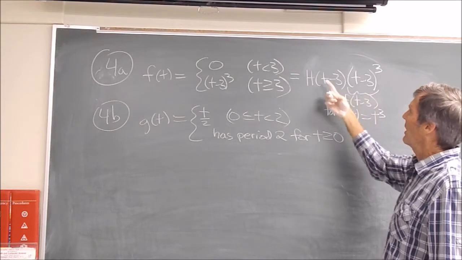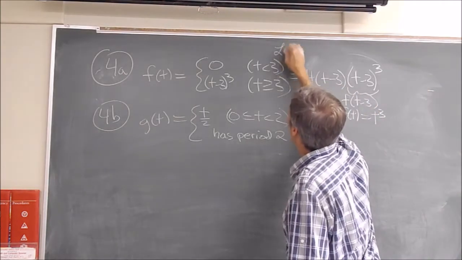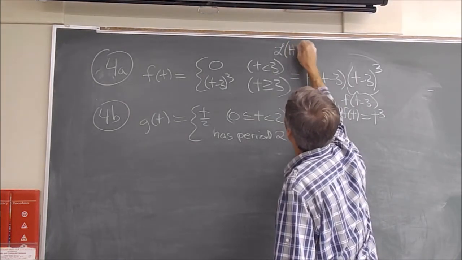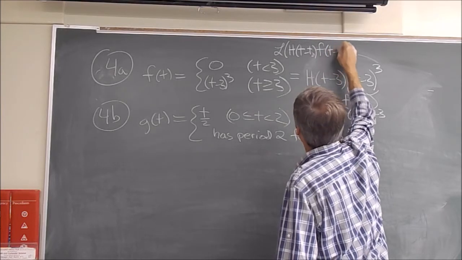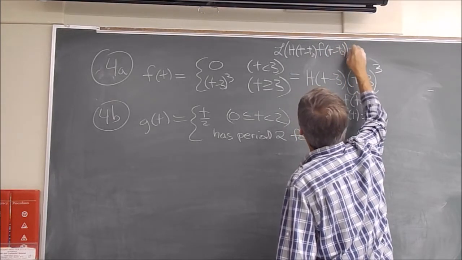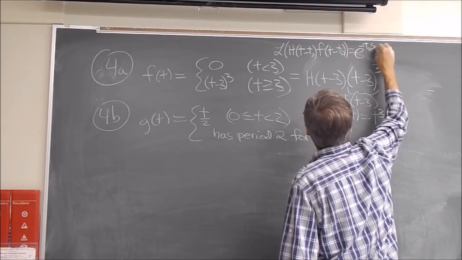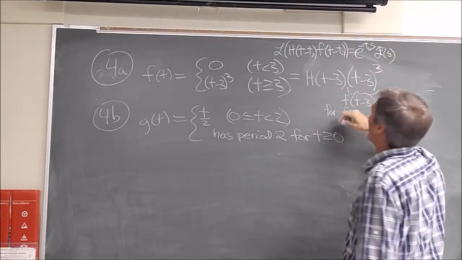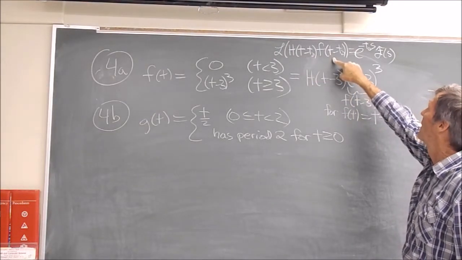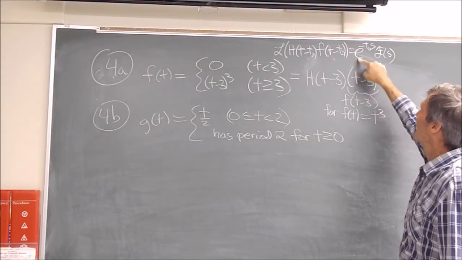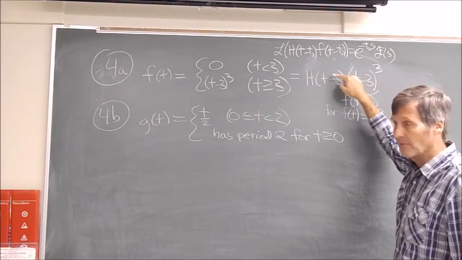If f of t is t cubed, this is f of t minus 3. And remember, we have the Laplace transform of h of t minus t0. This is the theorem. F of t minus t0 is e to the minus t0s F of s. So if you have a Heaviside step function times a function shifted by the same amount, you get e to the minus shift s times the transform of the unshifted function.